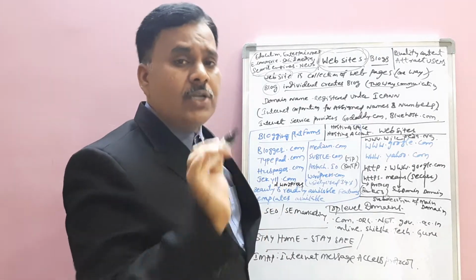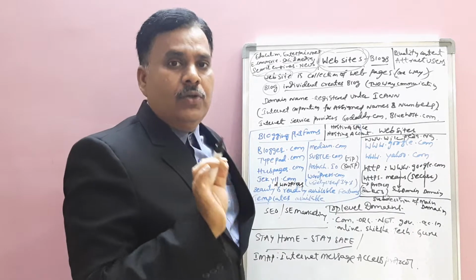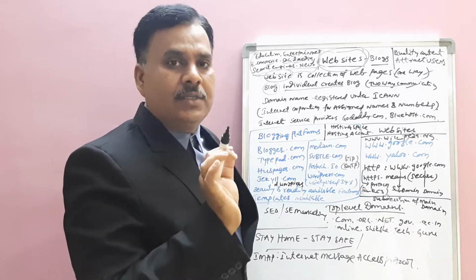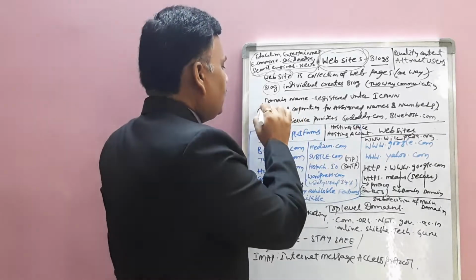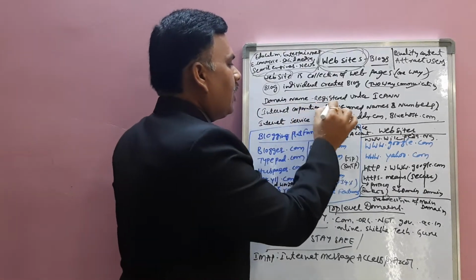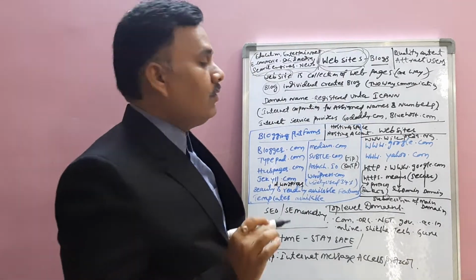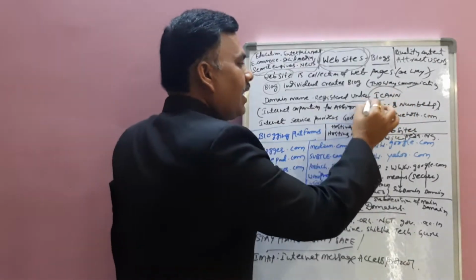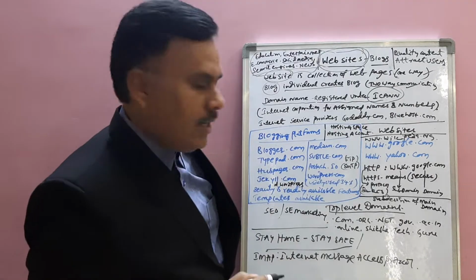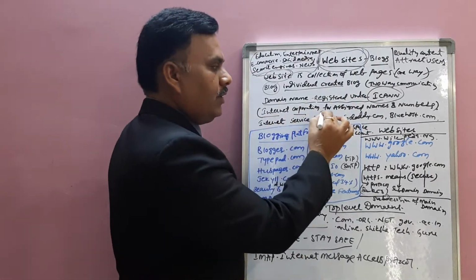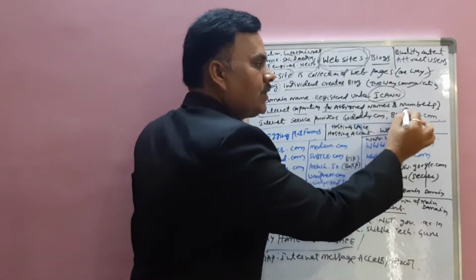The user must know the URL, Uniform Resource Locator. This is the web address of the website. It mainly depends on the domain name. These domain names are registered under ICANN, the Internet Corporation for Assigned Names and Numbers.